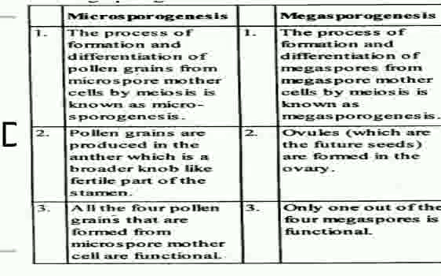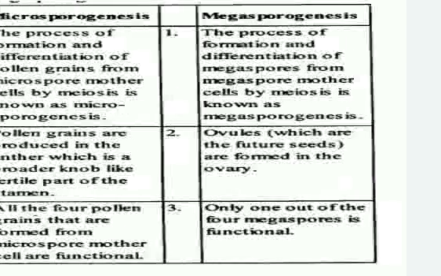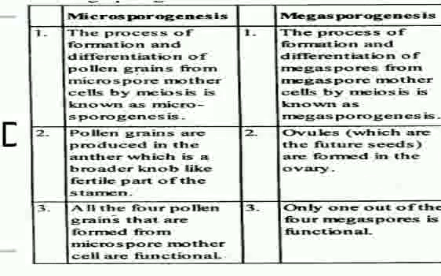One synergid degenerates and the second directs the pollen entry. The 2 polar nuclei fuse to form the secondary nucleus, which further fuses with the second male gamete to form the triploid endosperm. The antipodals degenerate before or after fertilization.